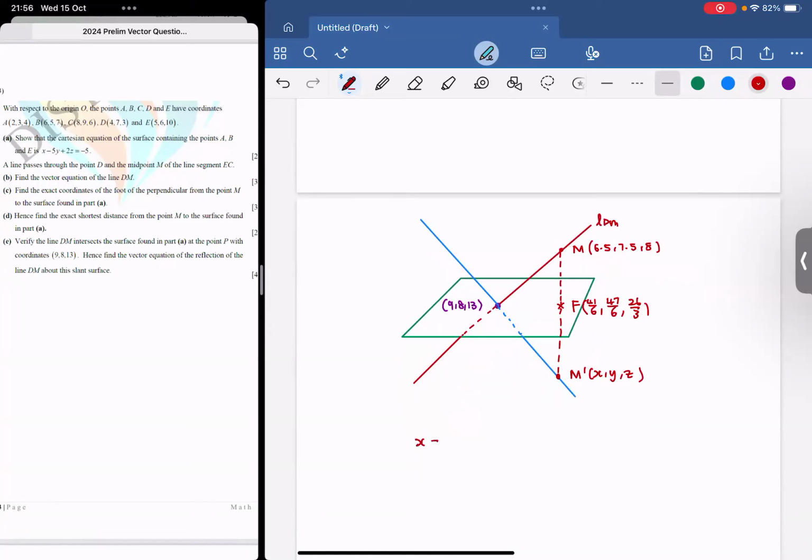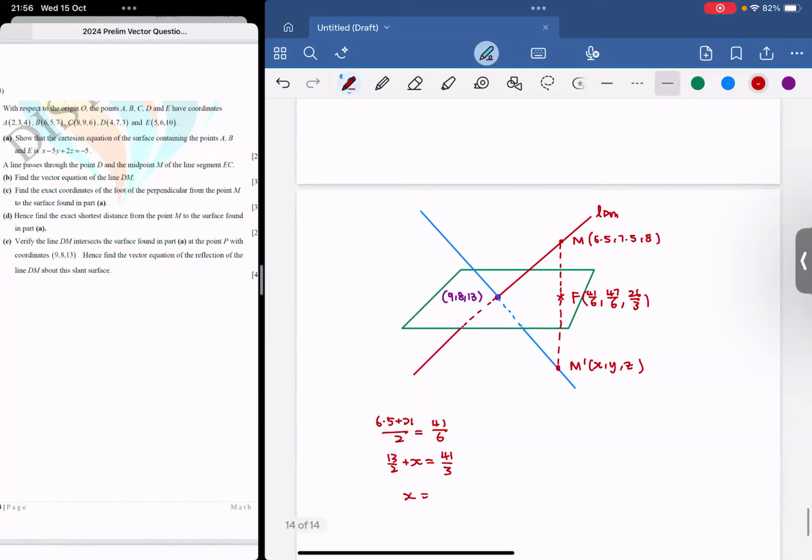For x, 6.5 plus x over 2 is equal to 41/6. So 13/2 plus x equals 41/3. x is equal to 82 minus 39, 43/6. Then how to find y? 7.5 plus y over 2 equals 47/6.